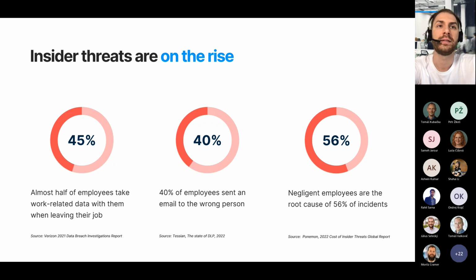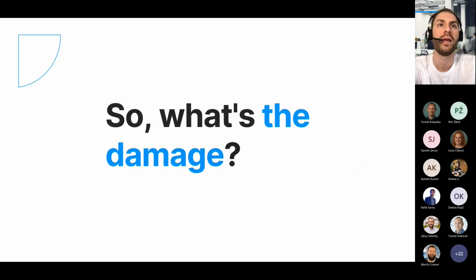And another statistic from Ponemon says that more than half of incidents are caused by negligent employees who just don't take care or pay attention when doing their jobs. So what are the consequences? What is the damage of such behavior?